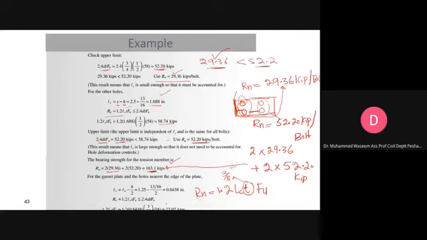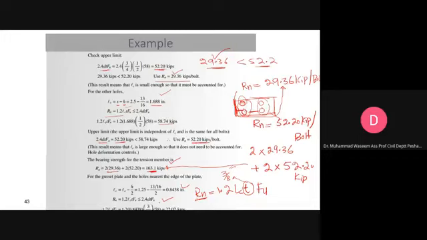The bearing pressure that it will be exerting on the gusset plate will be different than what it is exerting on the tension member. So you have to check the same thing. You have to calculate the Rn value.